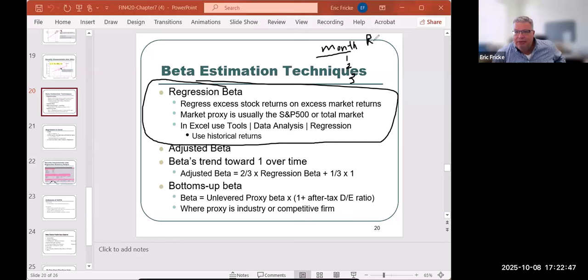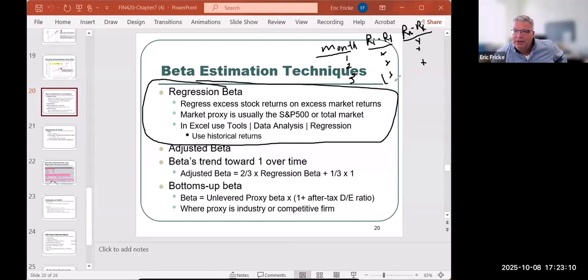We calculate the return of the stock minus the treasury rate for that month, and we get a number. Then we calculate the return on the S&P 500 index minus the treasury bill rate for the month, and we get that.